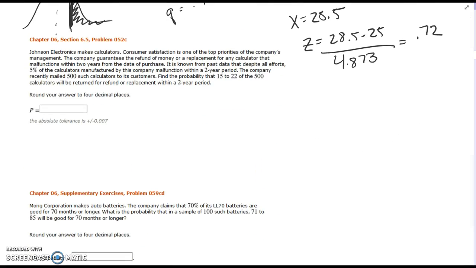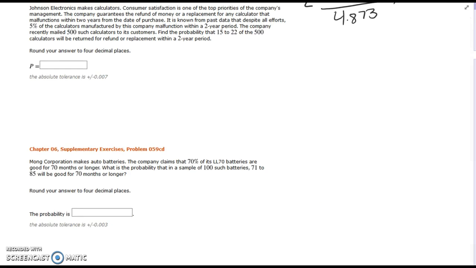And then 52C and 59D is going to be the exact same approach. You want to be very careful again about what's going on for the probability here. 15 to 22: you subtract 0.5 from the 15 and add 0.5 to the 22.